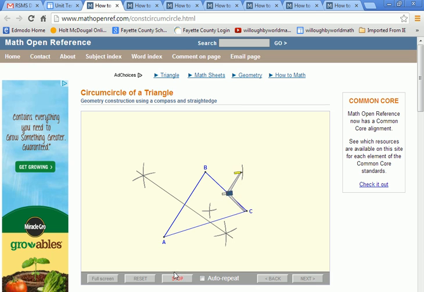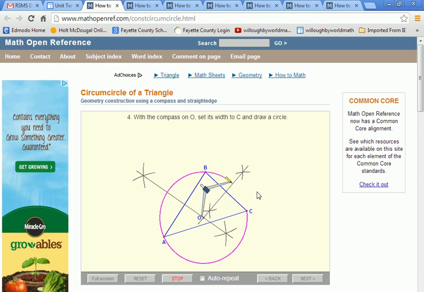Now, where they intersect is the circumcenter. So this point right here, where they intersect is the circumcenter. Then all you have to do is put your compass point here, stretch out to a vertex, and circle around. Let's finish up this video. Stretch out to a vertex, circle around. We just circumscribed a circle about a triangle.